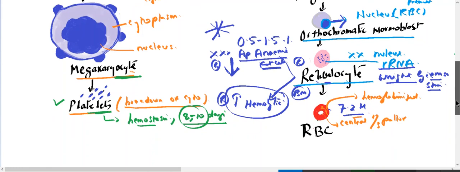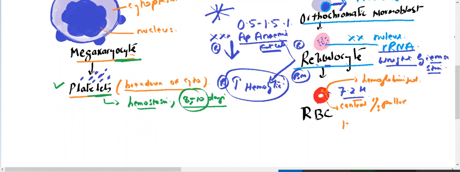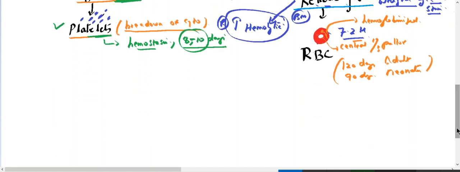That is 120 days for adults, and 90 days for neonates. So after completing its lifespan, the RBC goes to the spleen for destruction. That's called the senescent or old RBC.